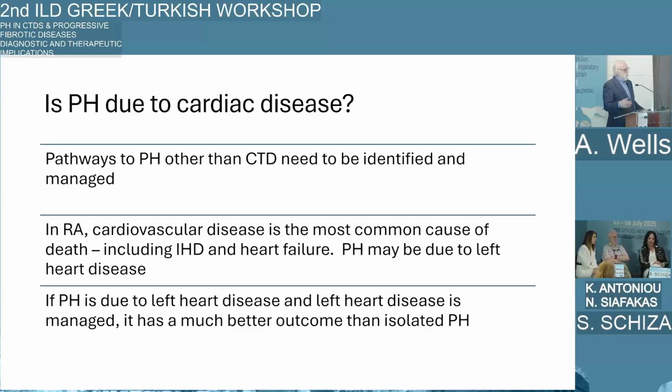What you do know, and this is most clearly shown in the sarcoid pulmonary hypertension registry, 20% of patients had left heart disease, usually not cardiac sarcoid, but more traditional heart disease driving PH, and they had a vastly better outcome because of all the things you can do that are effective for the left side of the heart.